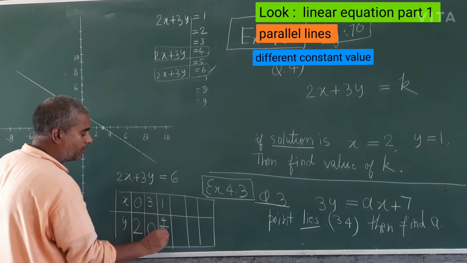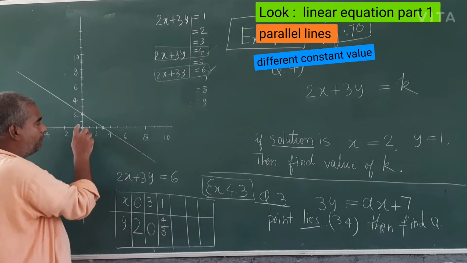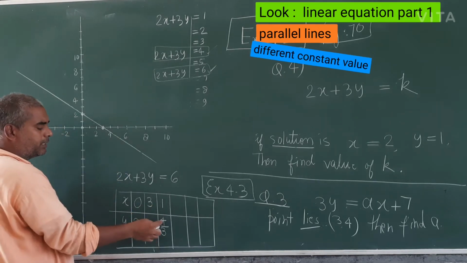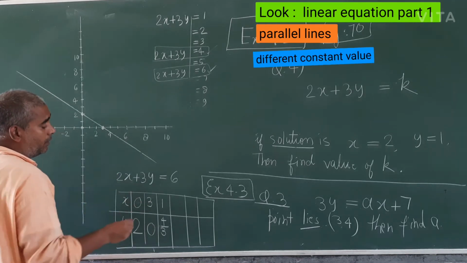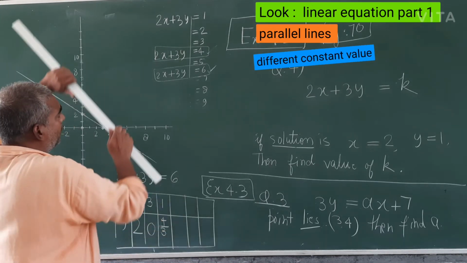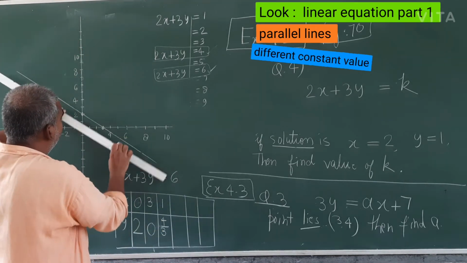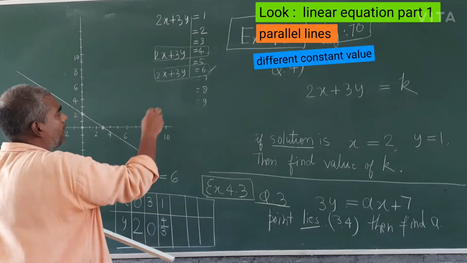If I take 1 you will get 4 upon 3, which is somewhat hard. That's why I have taken this type of value. If you take 2 like that, this is the simplest.